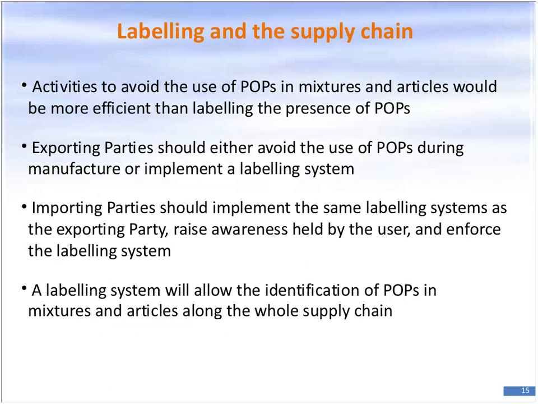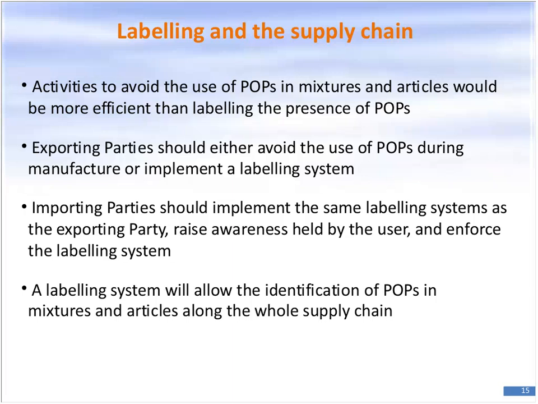Now, this is again to make clear what labeling can deliver in the supply chain. The first principle is, if you avoid the use of POPs in mixtures and articles, this would be more efficient than labeling the presence of POPs, because you would have no POPs at all in the mixture or article. And tools like the European Union RoHS Directive, or the non-POPs-free activity of the Stockholm Convention, are those activities.